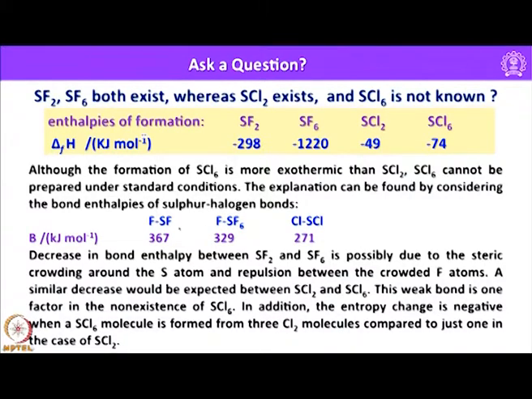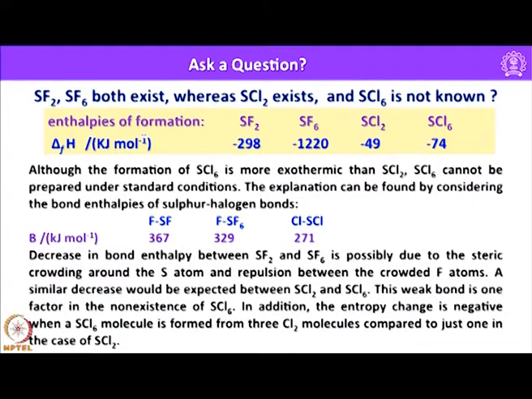The bond enthalpy in case of SF2 is 367 kilojoules per mole and bond enthalpy in case of SF6 is very less, that is 329 kilojoules per mole, and in case of SCl2 it is 271 kilojoules per mole. How to explain the decrease in the bond enthalpy between SF2 and SF6?